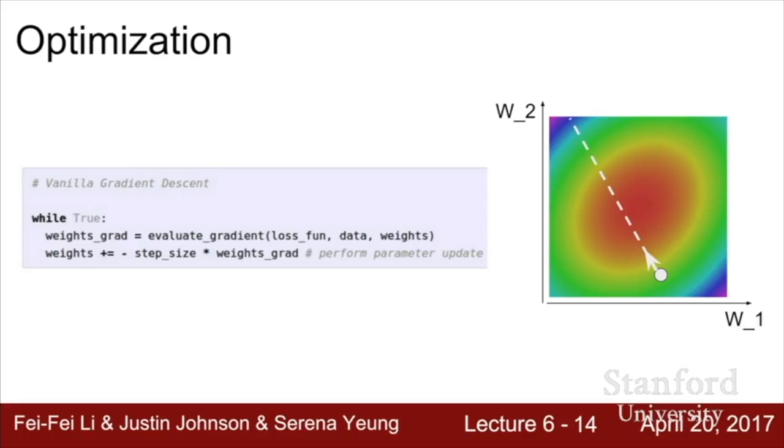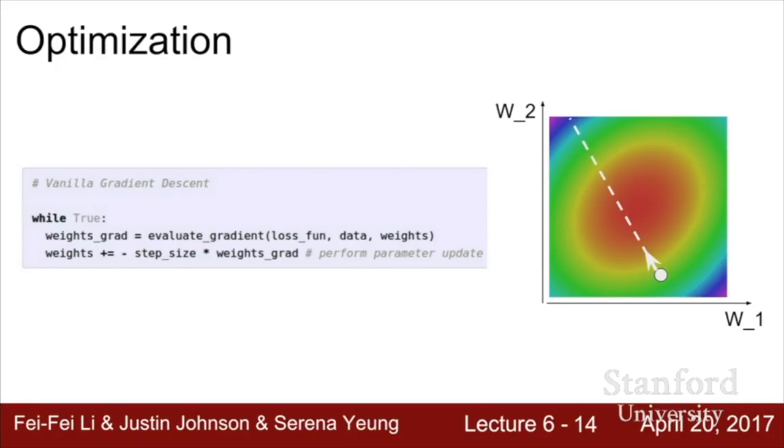While true, we first evaluate the loss and the gradient on some mini batch of data, and then we step, updating our parameter vector in the negative direction of the gradient, because this gives the direction of greatest decrease of the loss function. And then we repeat this over and over again, and hopefully we converge to the red region, and we get great errors, and we're very happy.